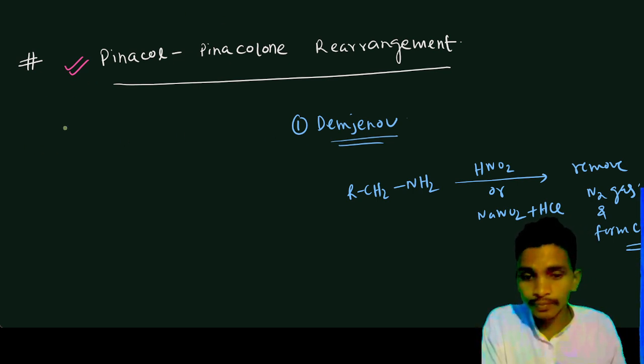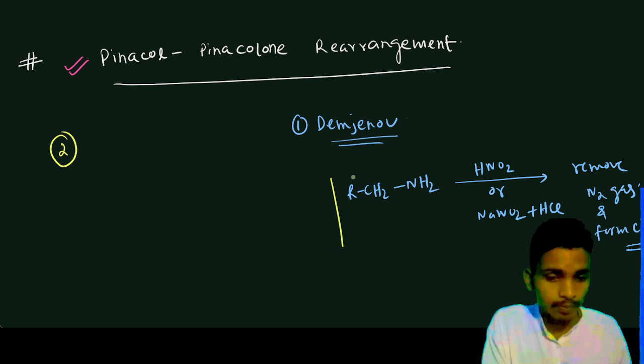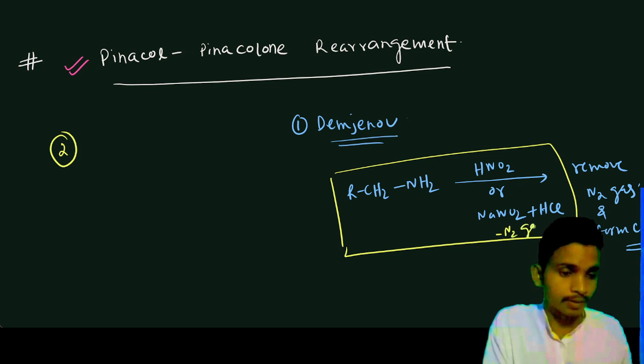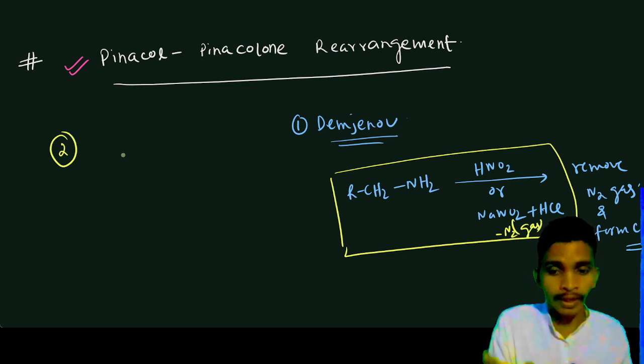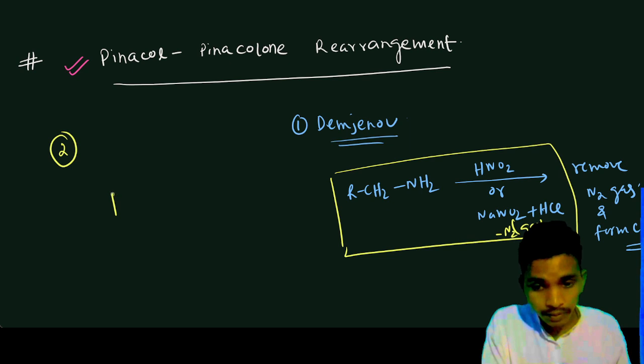Similarly, for the dienone phenol rearrangement, what is the setup? This is the setup for the Demjanov rearrangement, and you remove the nitrogen gas. For the dienone phenol rearrangement, the dienone means two double bonds will be there, with a ketone group.